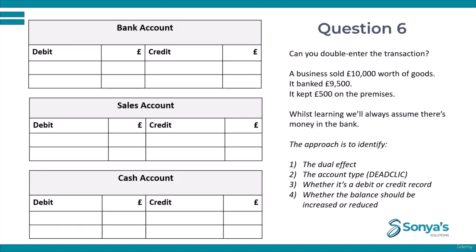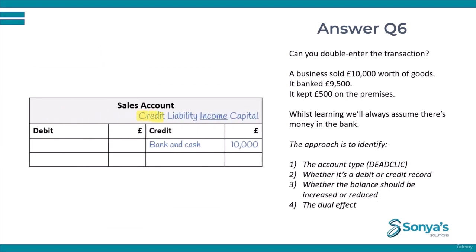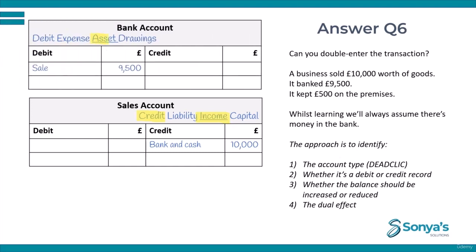Get ready to pause the video to give yourself time to read and answer the question. The sale is recorded in the sales account. It's an income account, so a credit entry increases the account balance, adding £10,000 to the amount of sales made to date. £9,500 was banked.